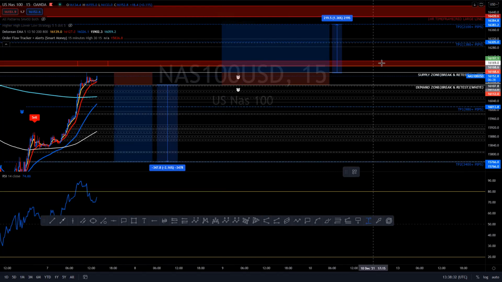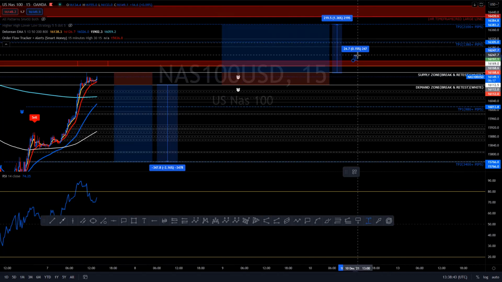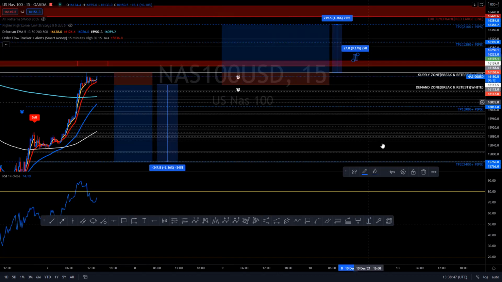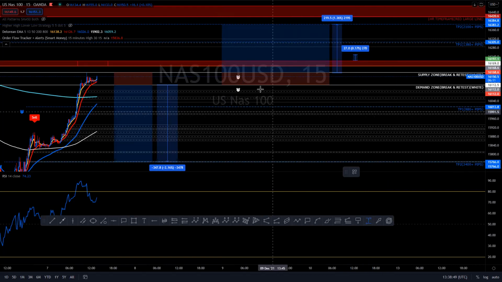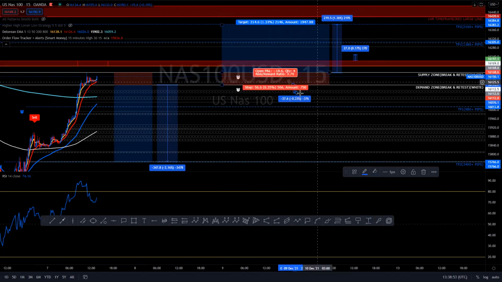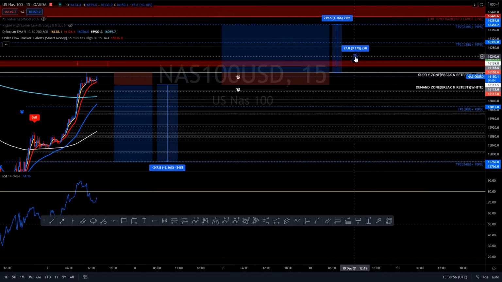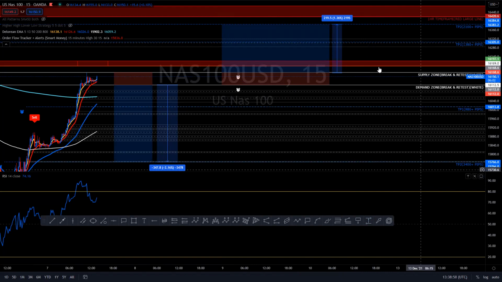Now, to be honest, I don't think that price... I mean, price could knock these take profits easily, but even if I get $200 worth of pips, even this far on a buy, or let's say price decides to sell and I get like 200 here, that's still going to be some good money. So I'm not expecting price to even go hit these TP zones.